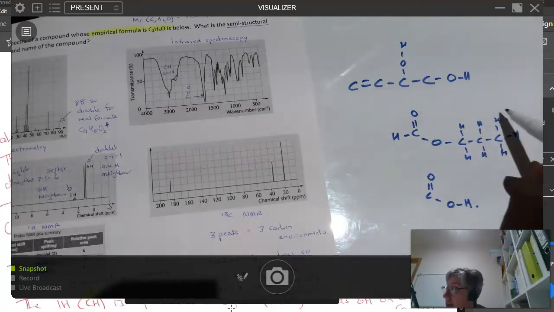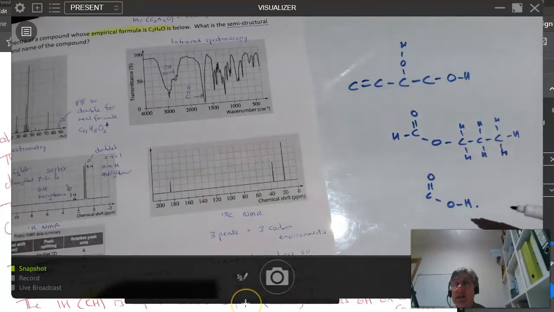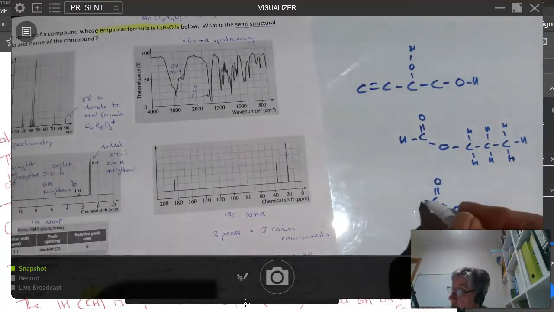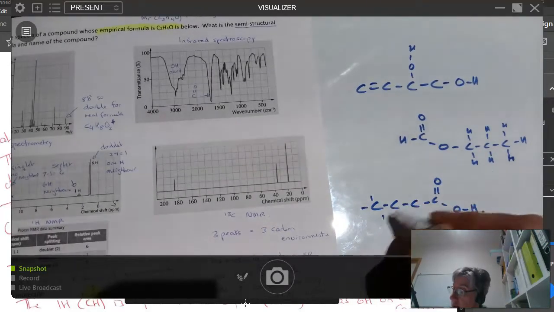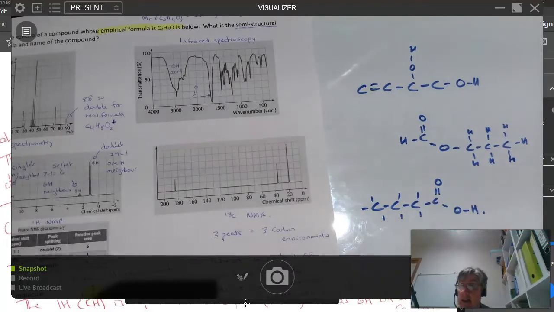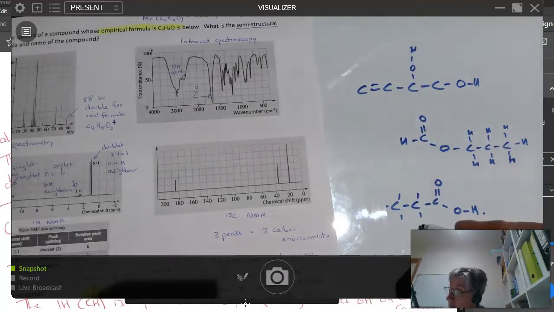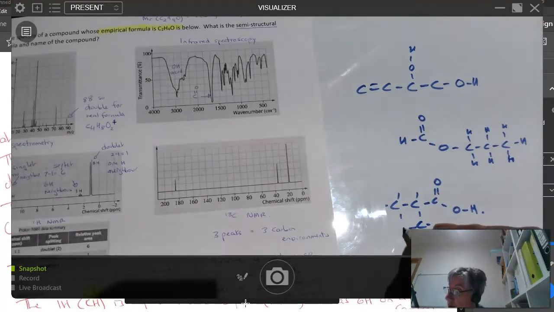You could also take this off here and put it on there and make a branched ester, which we don't name. Or you've got your 4 carbons in a line making butanoic acid. Or if we took one off here, we could put it on there and make what our molecule actually is.